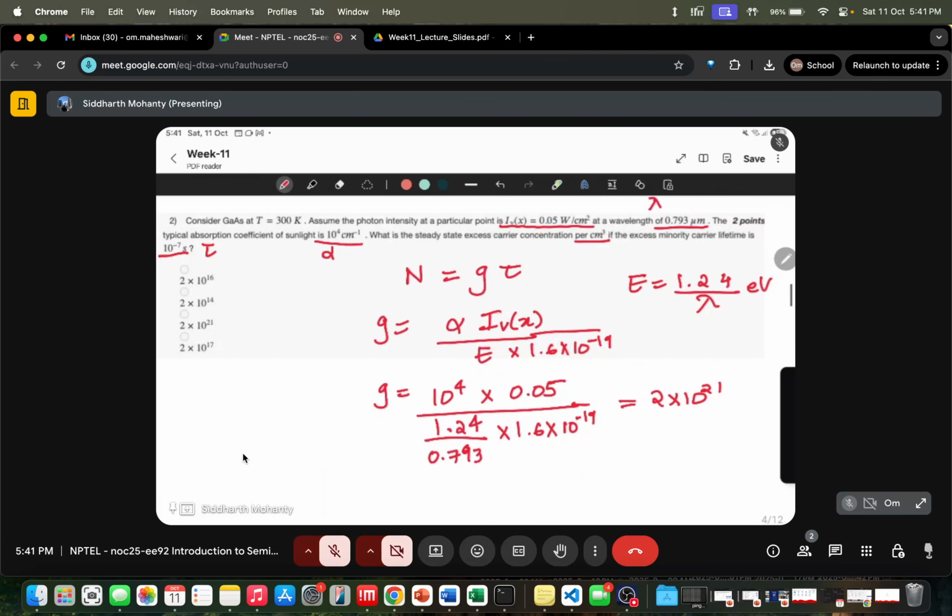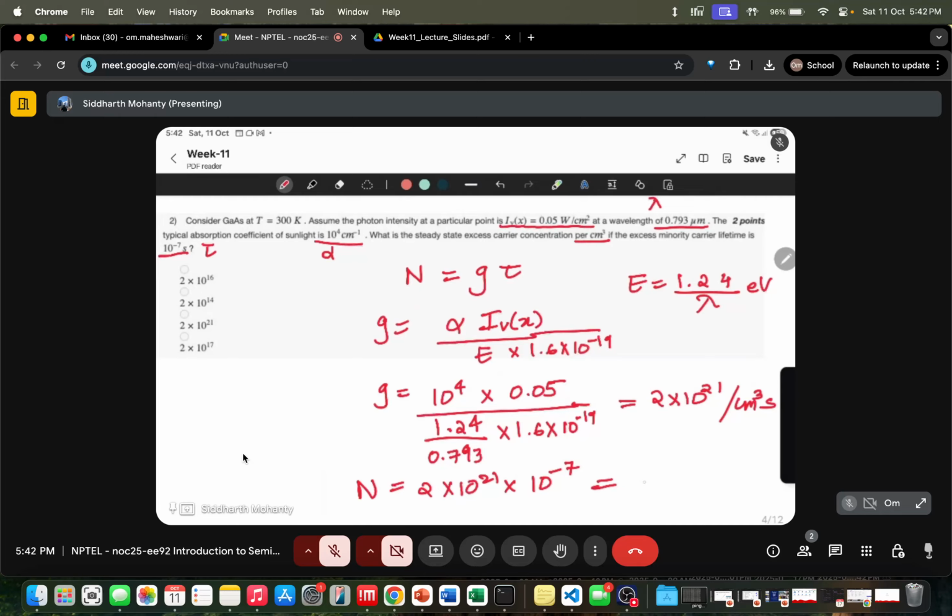This is per centimeter cube second. Now N will be G tau, which is 2 into 10 to the power 21 into 10 to the power minus 7.